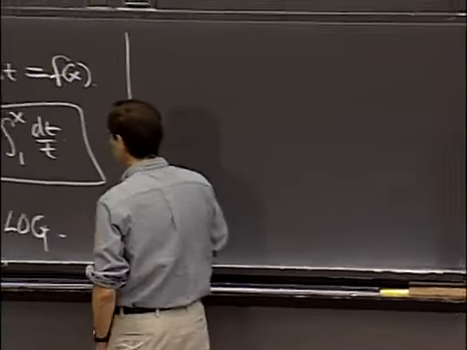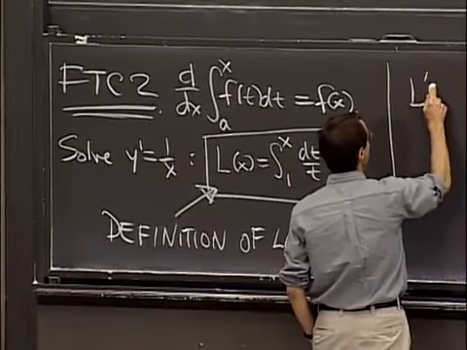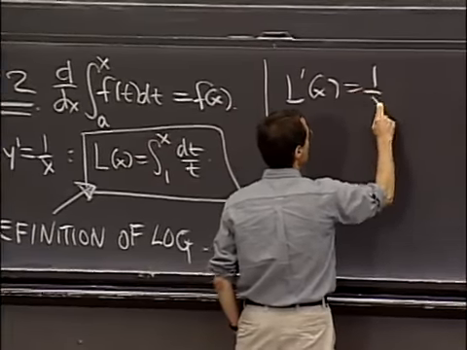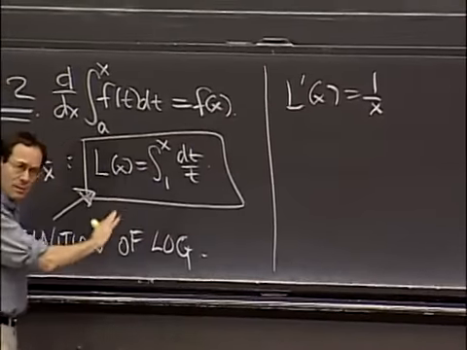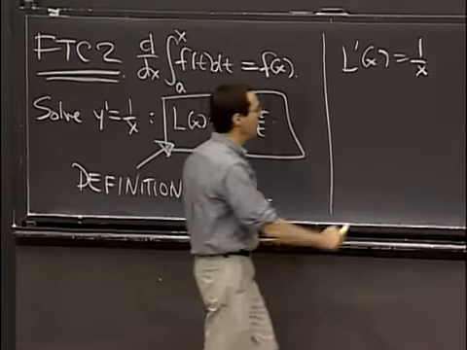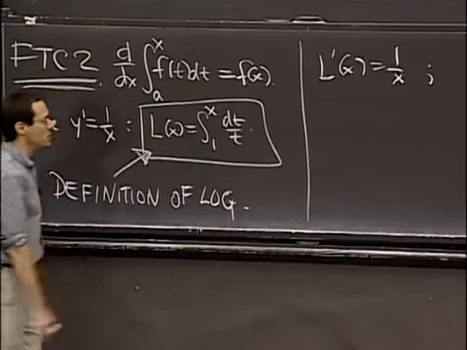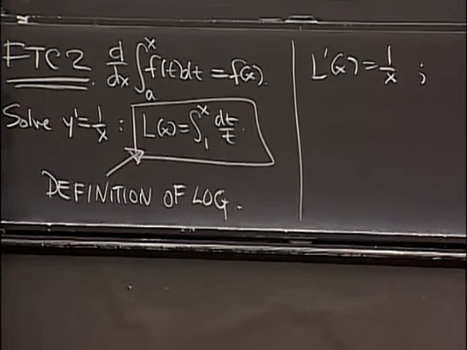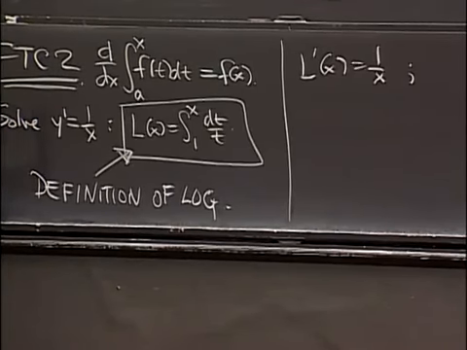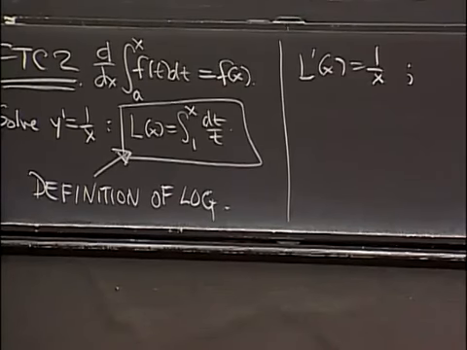The first property of this function is the one that's already given, namely its derivative is 1 over x. And we get a lot of information just out of the fact that its derivative is 1 over x. The other thing that we need in order to nail down the function, besides its derivative, is one value of the function, because it's really only specified up to a constant by this equation.